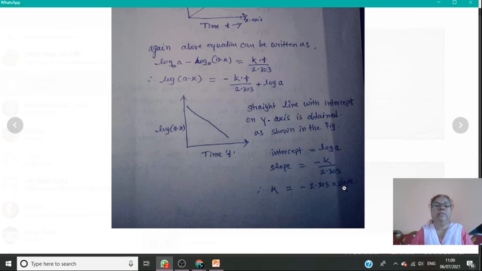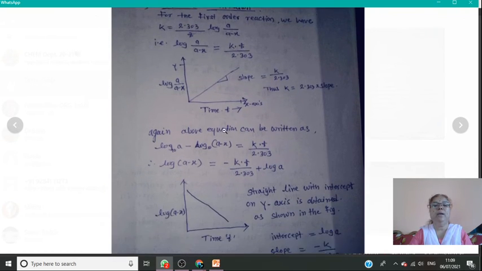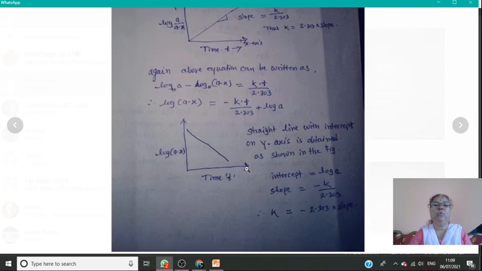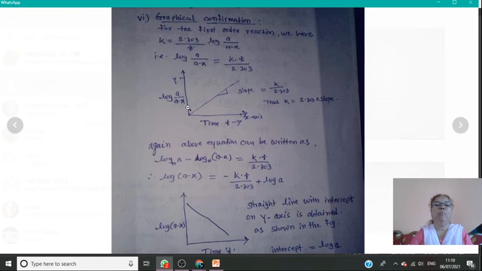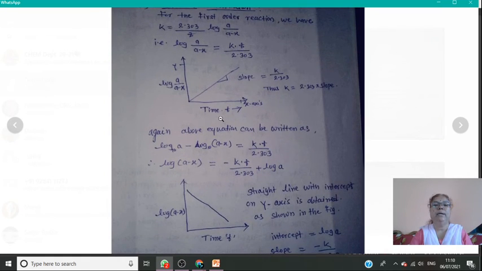Okay, and study well. Depending on this graphical representation, you have to perform one experiment. I will provide you the readings of the hydrolysis of methyl acetate in presence of HCl next time, and you have to plot the graph of log of a upon a minus x versus t.